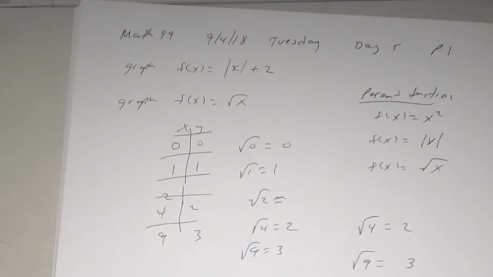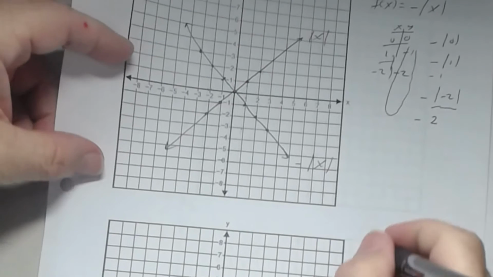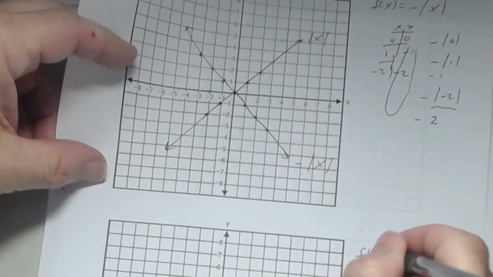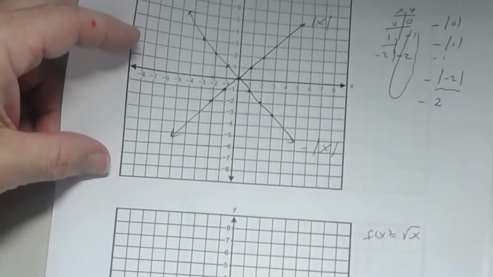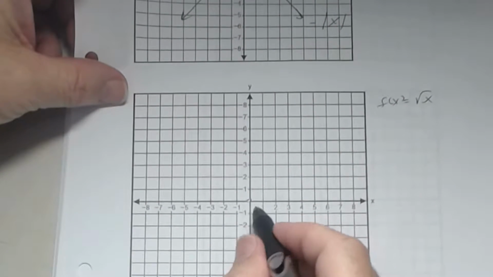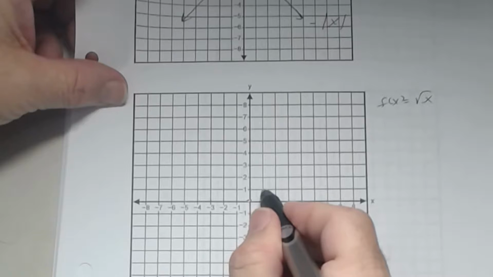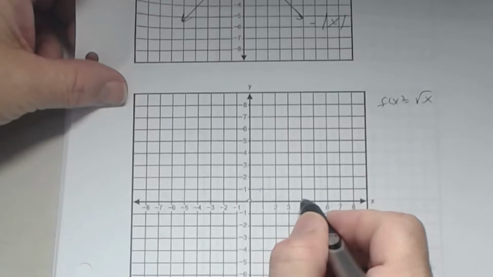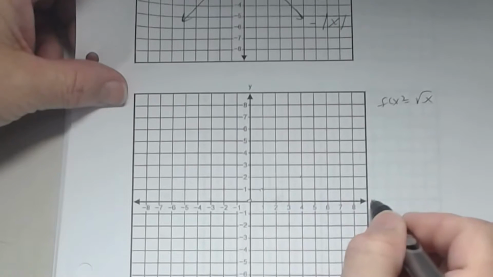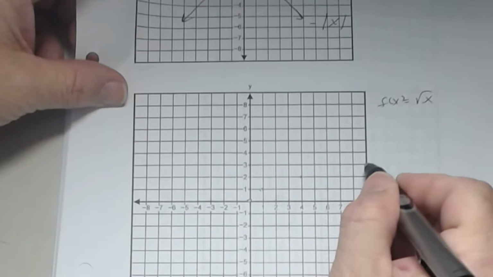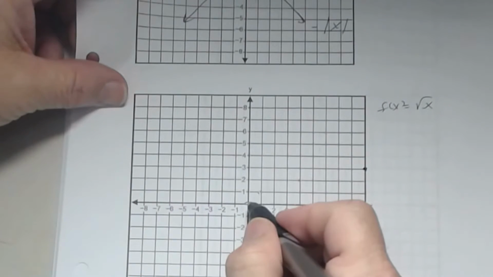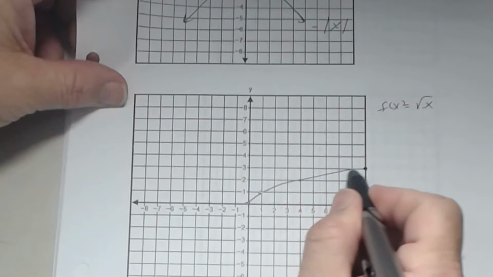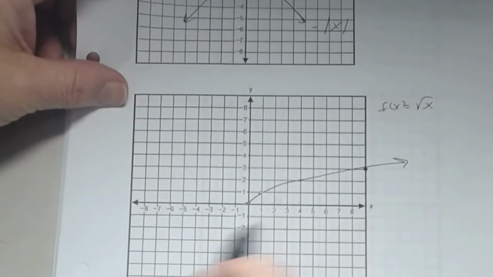So now I'm going to plot those points. I'm going to graph f of x equals square root of x. So 0, 0; 1, 1; 4, 2; 9, 3. And it's going to look like this with an arrow on this end.